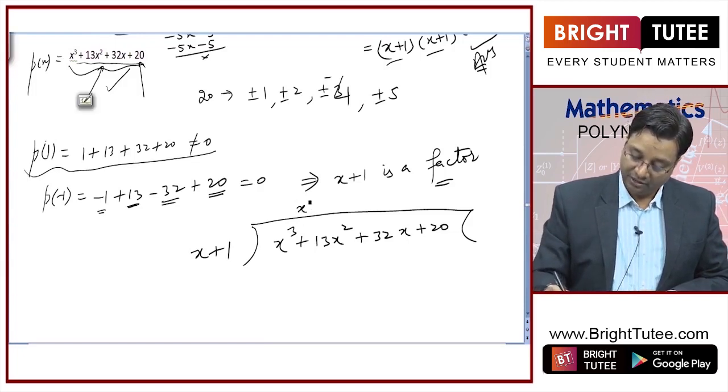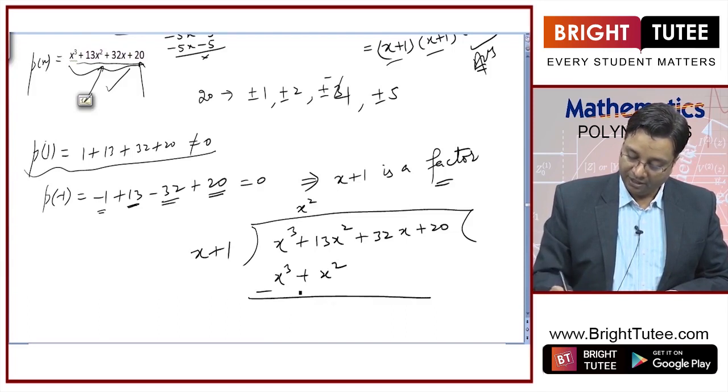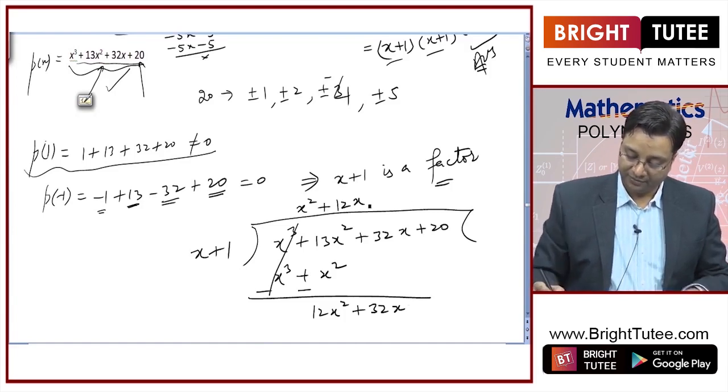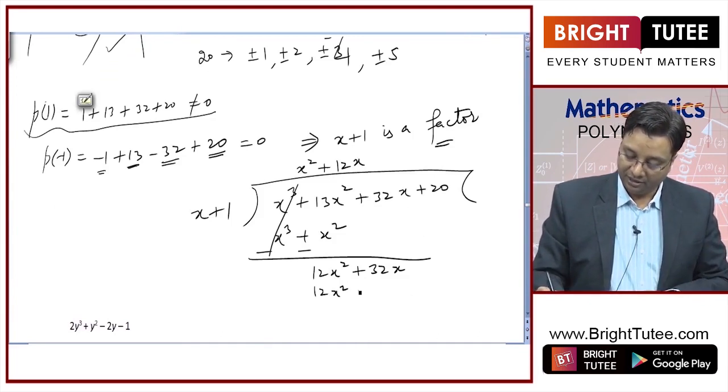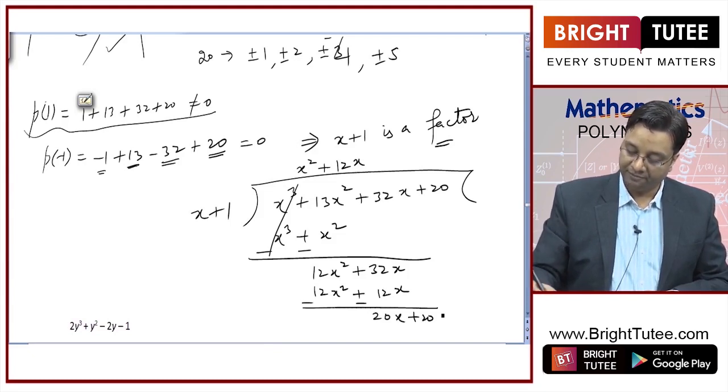So x square, x cube plus x square here, minus minus, so this will give me 12x square plus 32x. Now I will multiply it with 12x, right? So this will give me 12x square plus 12x. When I subtract, I will get 20x plus 20 here.